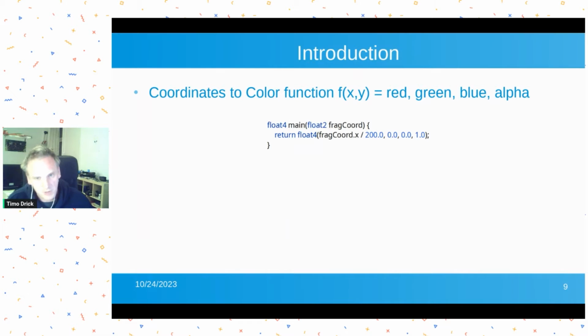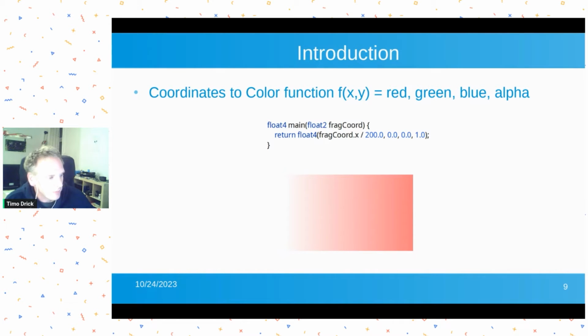Yeah, just having a red screen is a little bit boring. So to make it a little bit more interesting, we can use the input variable fragCoord, the x component of the coordinate, and divide this by 200. For this, I just made sure that the size of my window is exactly 200 by 200.